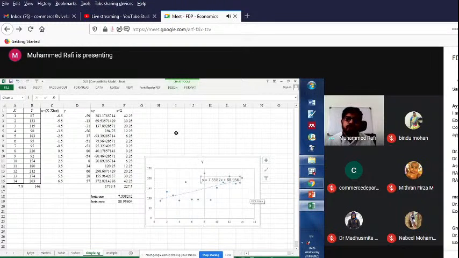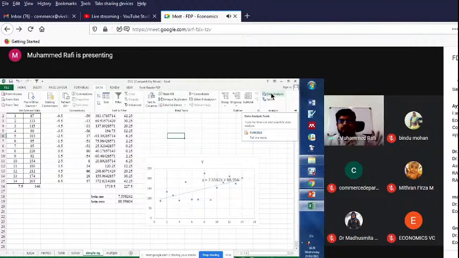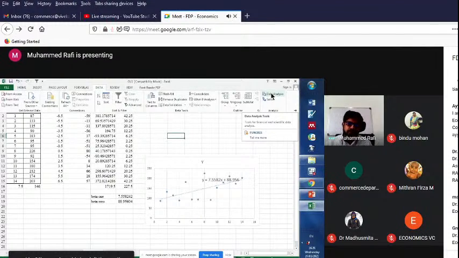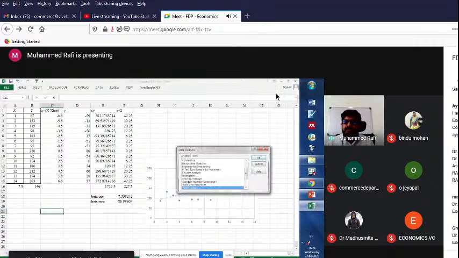Or there is an option in data where you can go for data analysis. If this is not activated, you can go to add-ins and include it. So if you want to find out the relationship between x and y, if you want to go for the simple regression model, you can go to data analysis and regression.